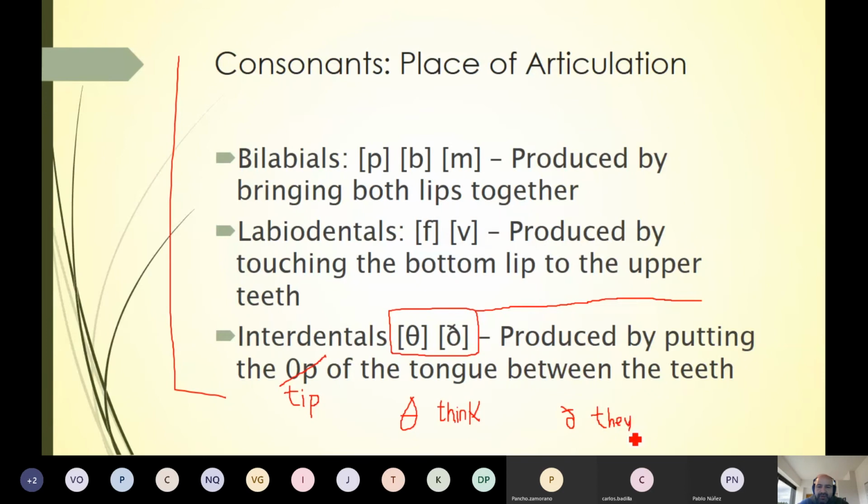I remember when I was in the university that it was really hard for me to understand why this symbol represented the voiceless interdental fricative, and this symbol represented the sound in they, also interdental, also fricative, but the only difference was that this one was voiced. It was very difficult for me to understand the concepts. I consider them very abstract.